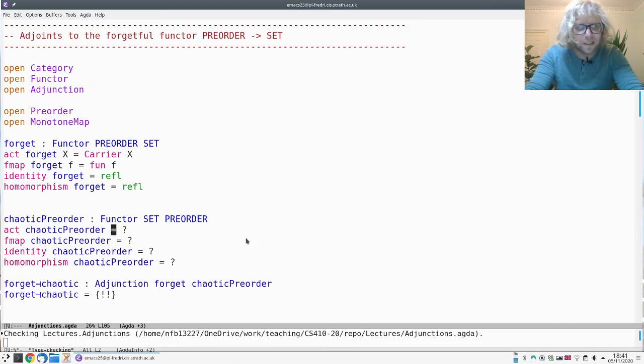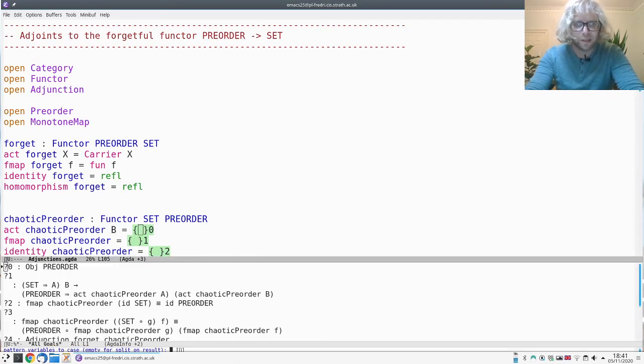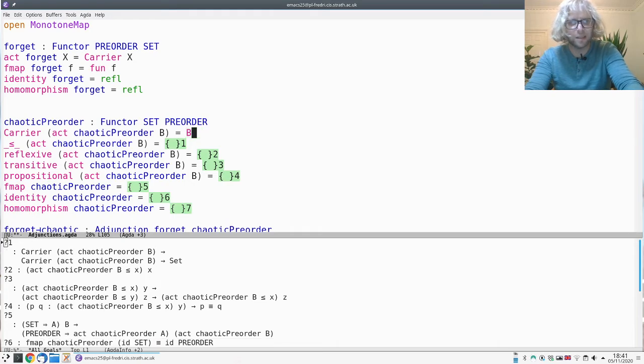So we have to say what we do on objects. We get given a set B and we have to make a preorder. That means we have to give a carrier and an order relation and prove that it's reflexive and transitive and propositional. So the carrier we said should be the same thing as B. And the order relation we wanted to be this thing where everything was always related.